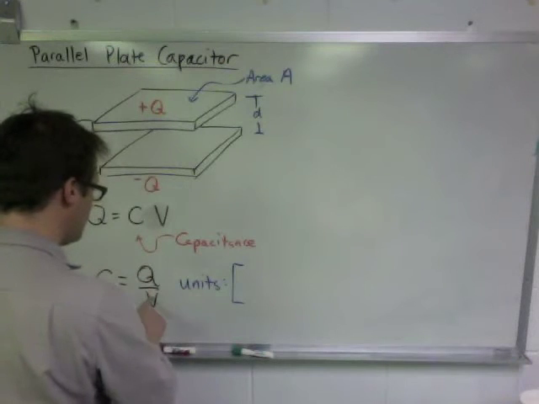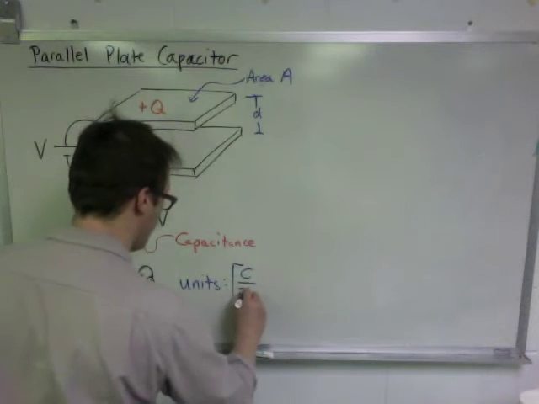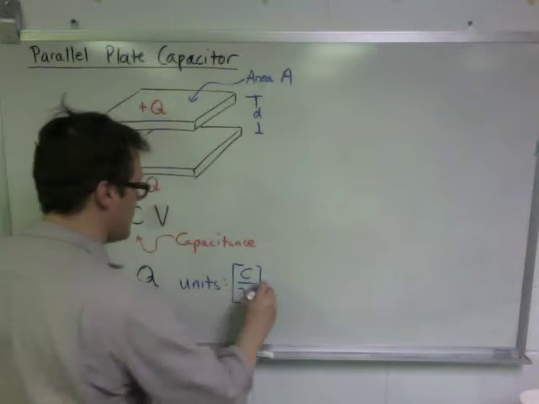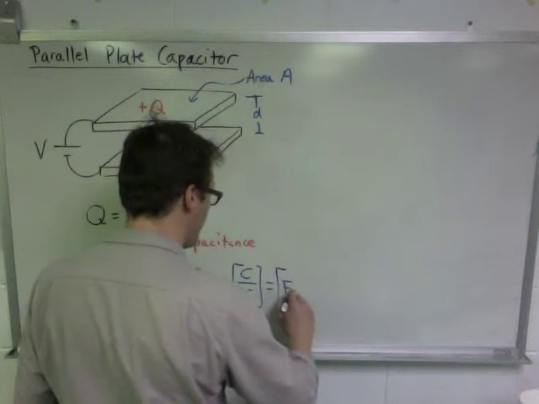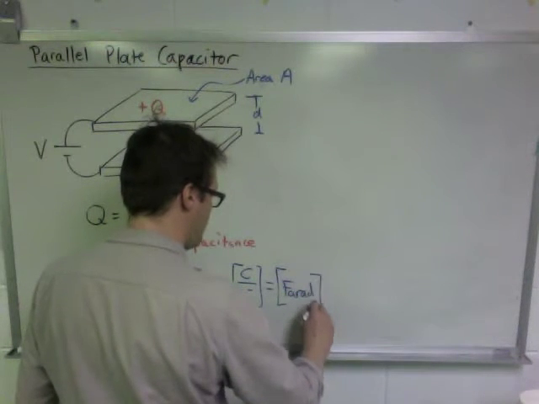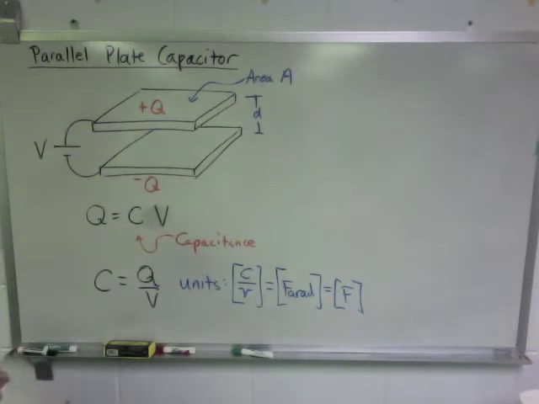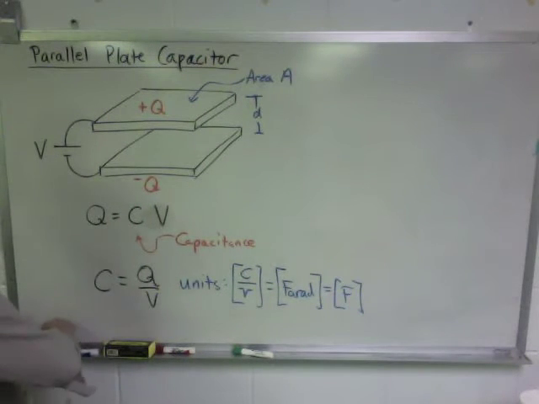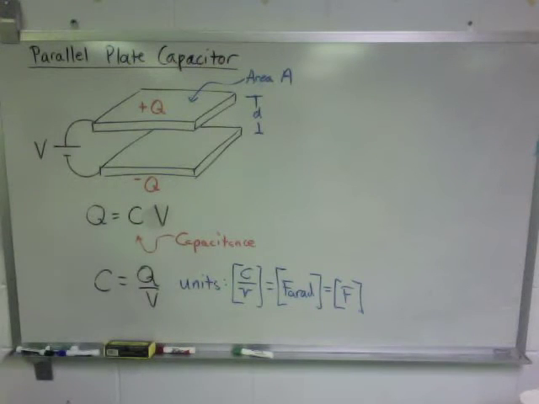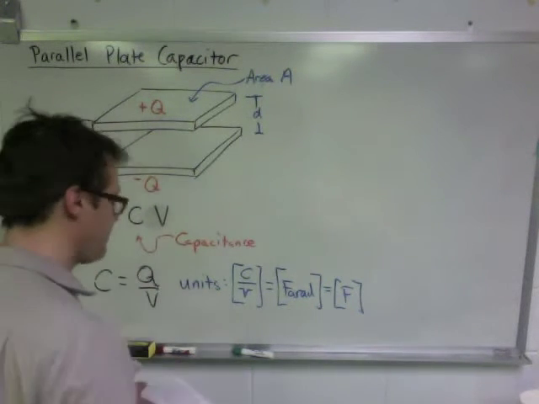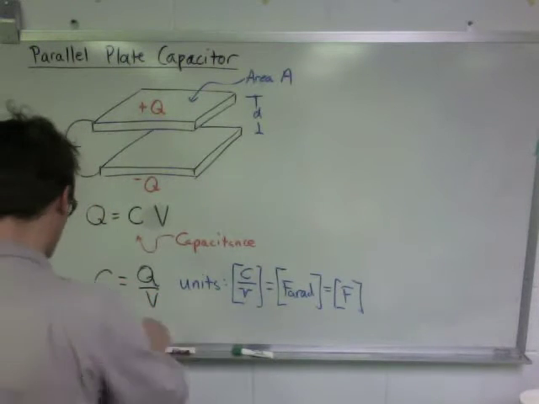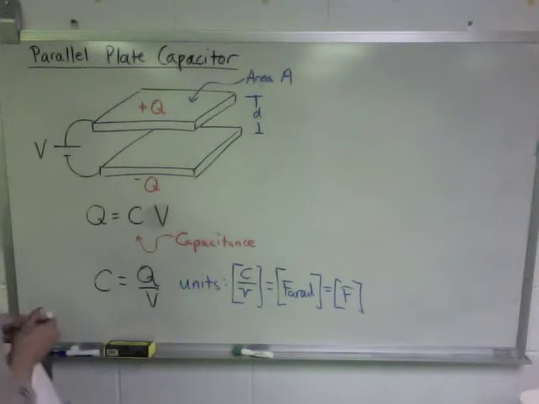It would be coulombs per volt. That has a name. We call that a farad, which we can shorthand F. Okay? So this is our definition for capacitance. A larger capacitance for the same voltage will have more charge.